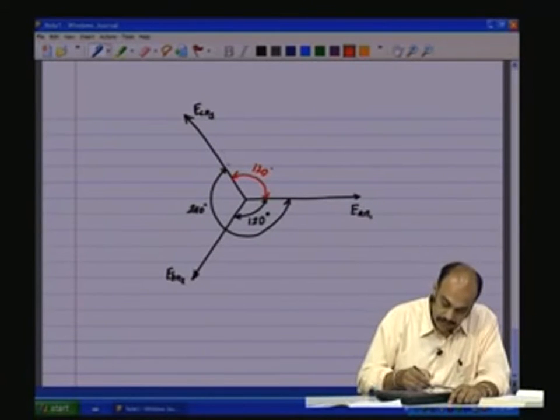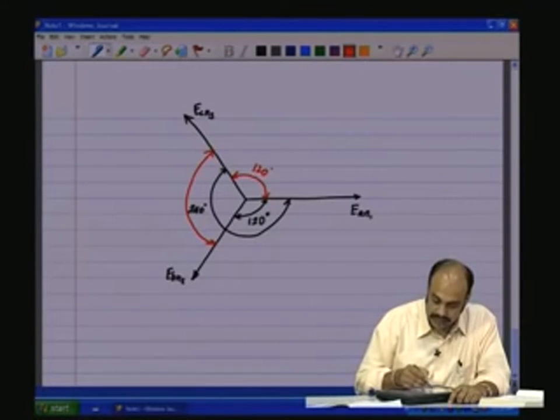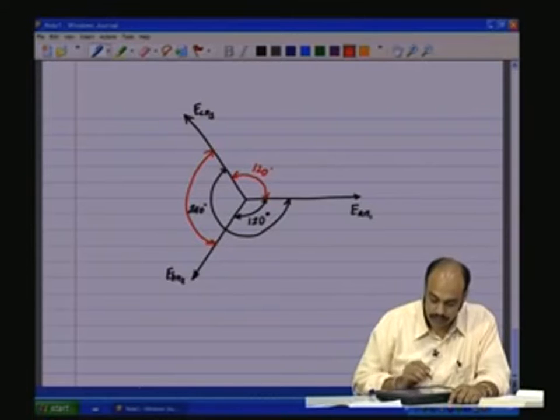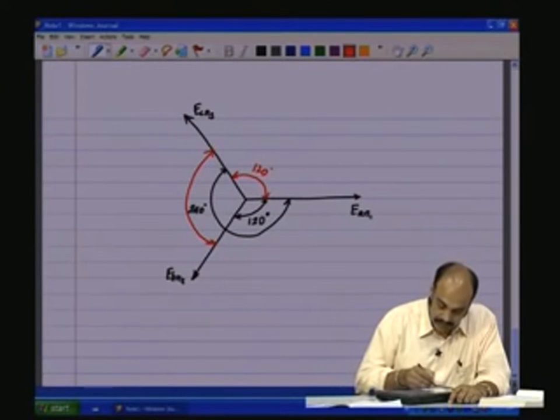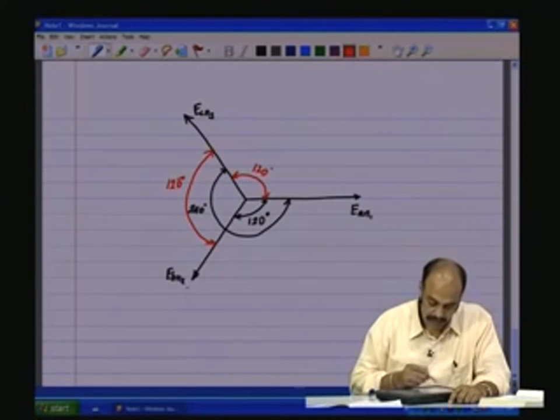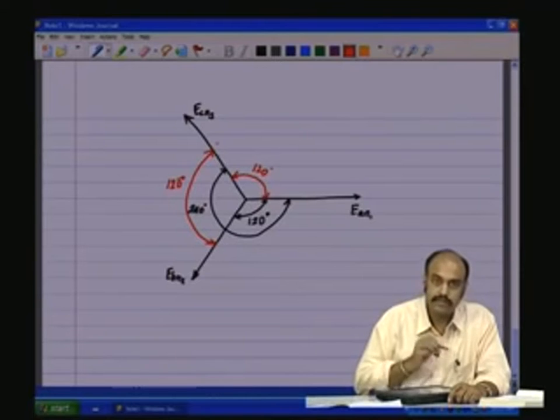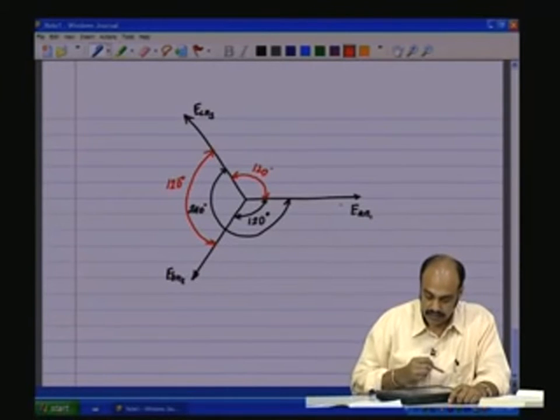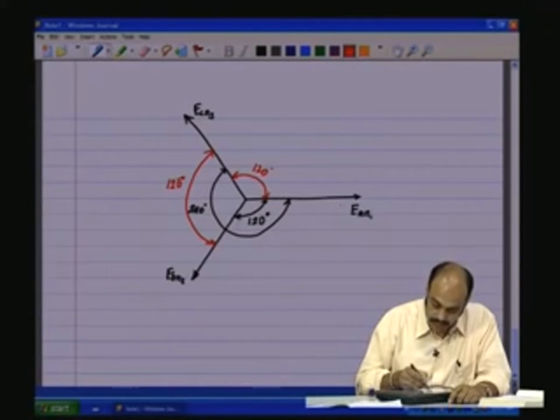and between EB and EC, because it is 240 with respect to EAN and 120 with respect to EAN for EB, this becomes also 120. So, you see that EC is 120 degrees displaced from EA and 120 degrees displaced from EB. EB is 120 degrees displaced from EC and 120 degrees displaced with respect to EA.